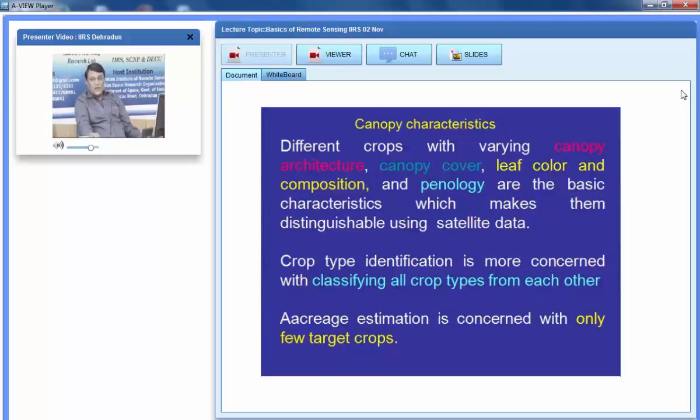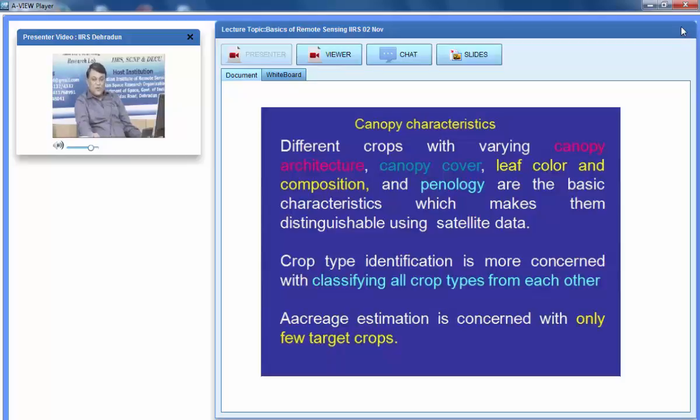Leaf color means green and yellow. If the canopy is yellow, due to leaf senescence or a decline in chlorophyll concentration, it will have a different spectral signature in the visible and near infrared range compared to a healthy crop, as we have seen earlier.